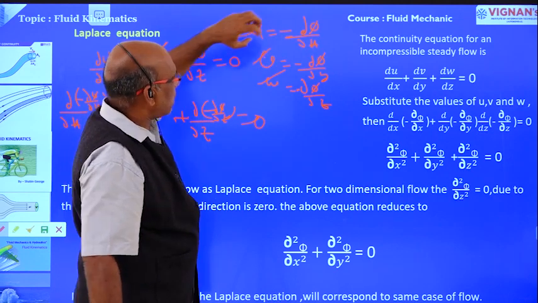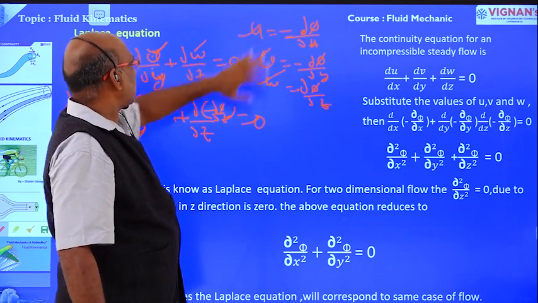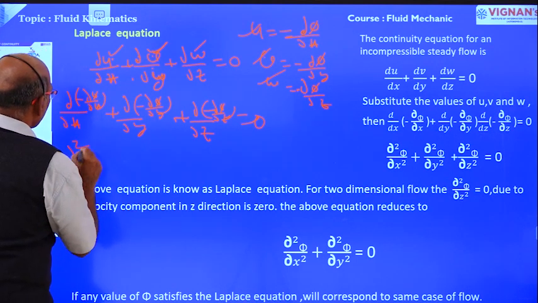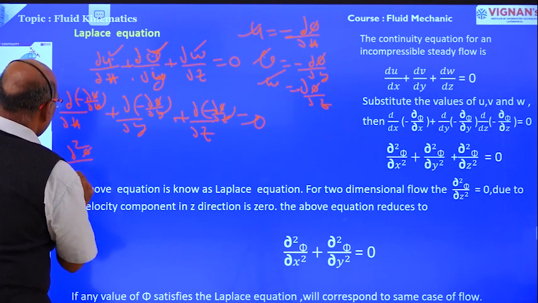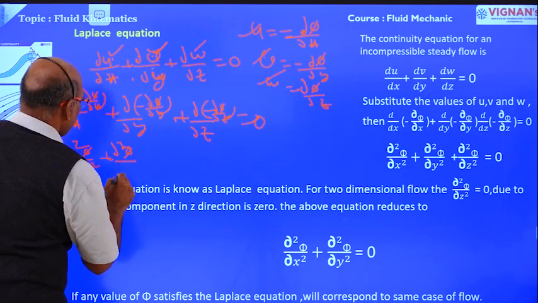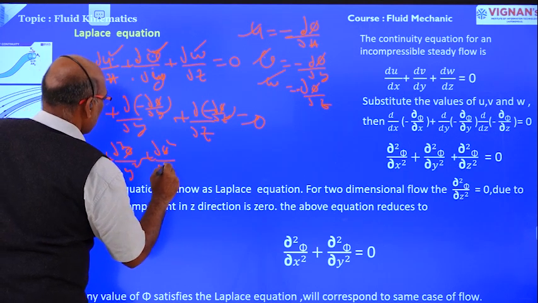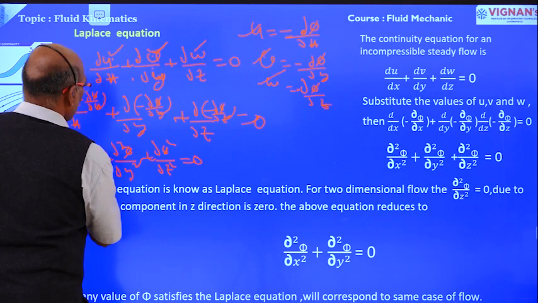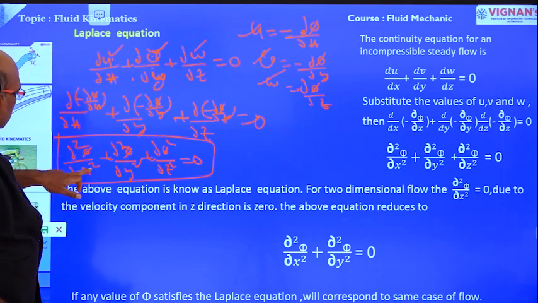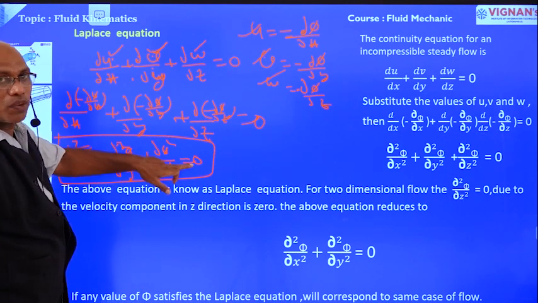Finally, we have dou square phi by dou x square plus dou square phi by dou y square plus dou square phi by dou z square is equal to 0. This is the Laplace equation.